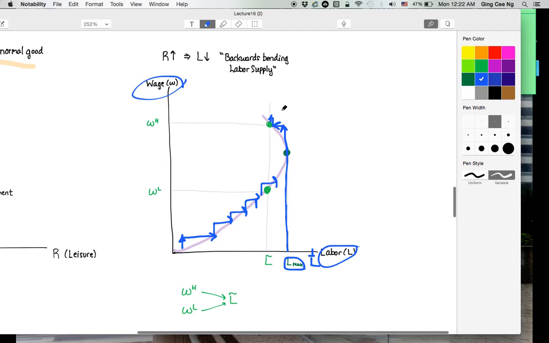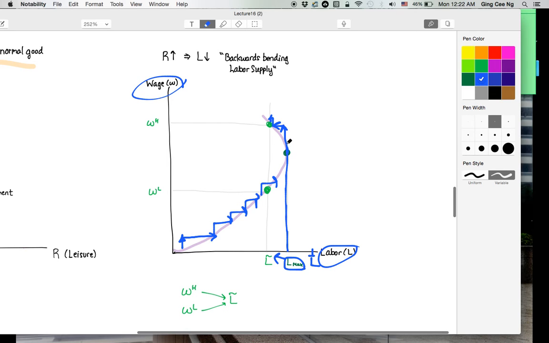Well, that's coming from the income effect. If you keep paying the guy more, he's going to realize that he can consume the same amount of consumption goods by working fewer hours. If you're getting paid $20 an hour versus $100 an hour, it might have cost you 5 hours of labor to get $100 worth of labor income, whereas if you're being paid $100 an hour, you only need to work 1 hour to get that $100.